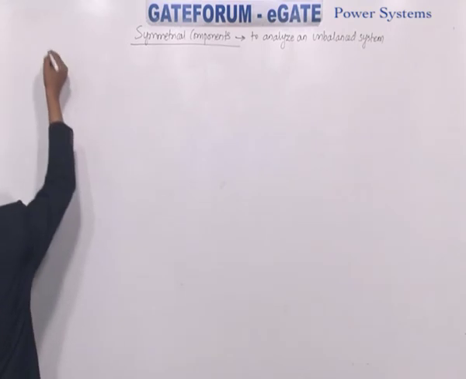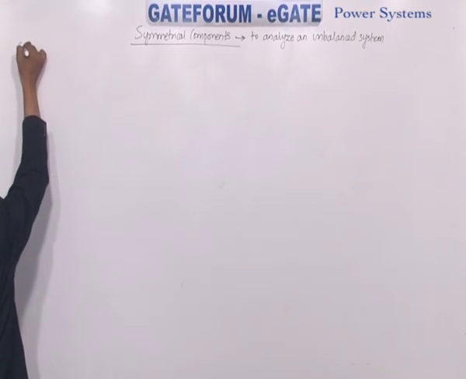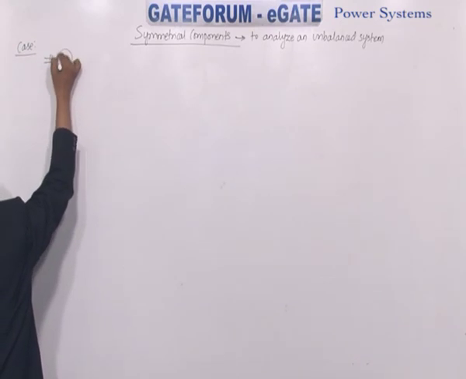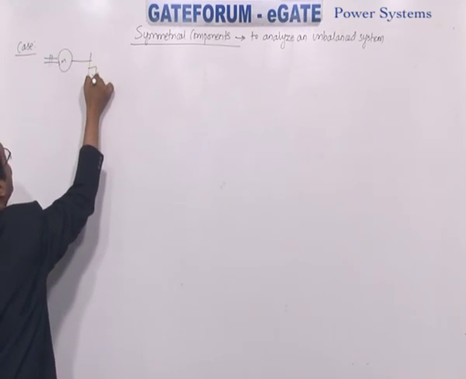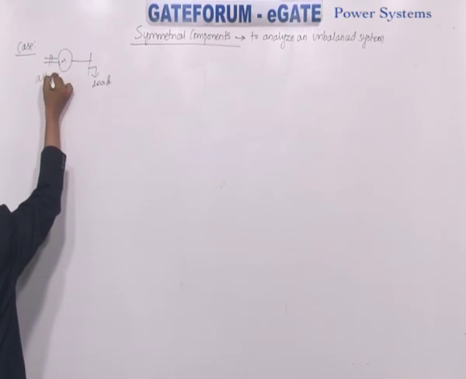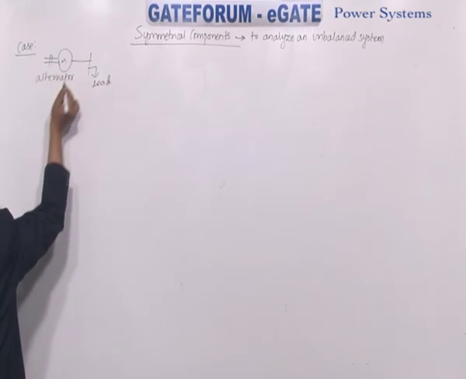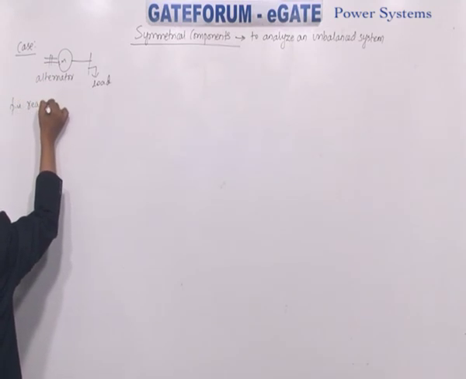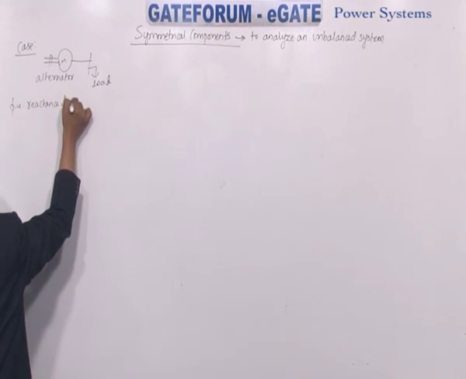Now to continue with the analysis, you consider this alternator connected to the load. For this, you should draw the per unit reactance diagram.